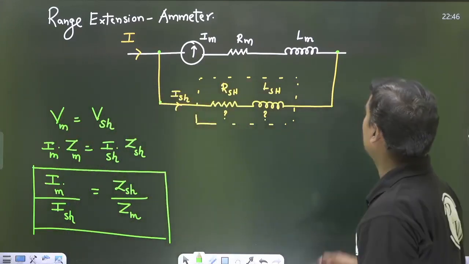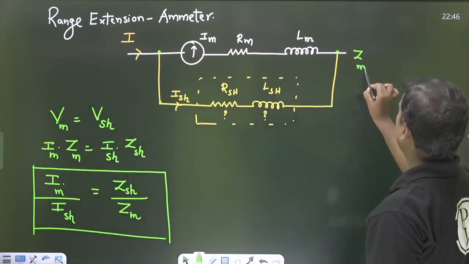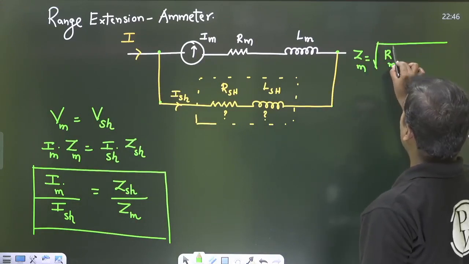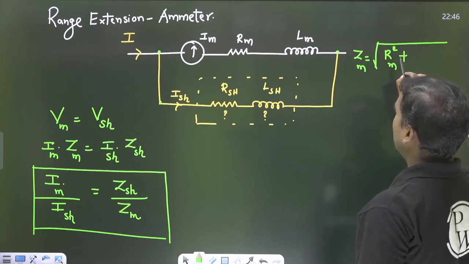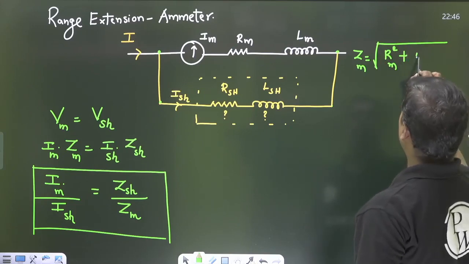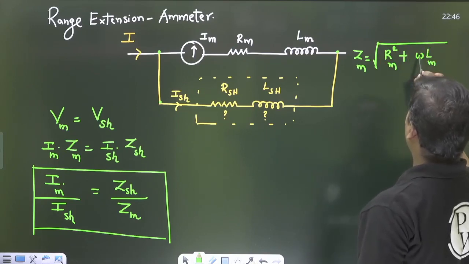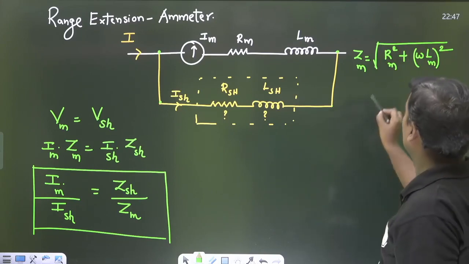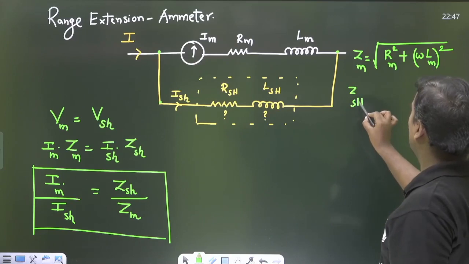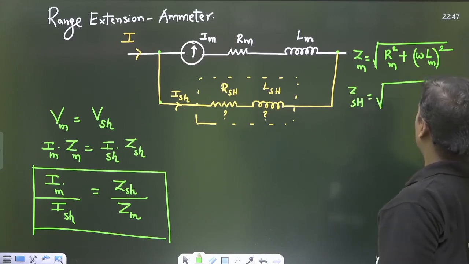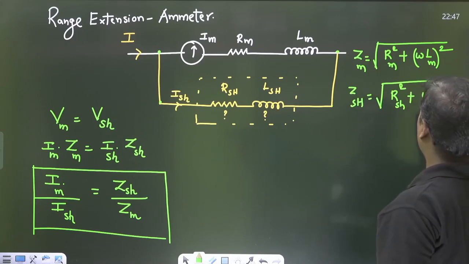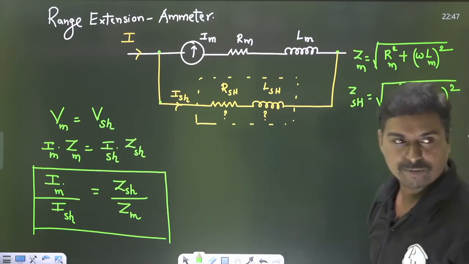What is that? ZM is what? ZM means square root of RM square plus omega LM whole square. ZSH is equal to what? Square root of RSH whole square plus omega LSH whole square, like this.